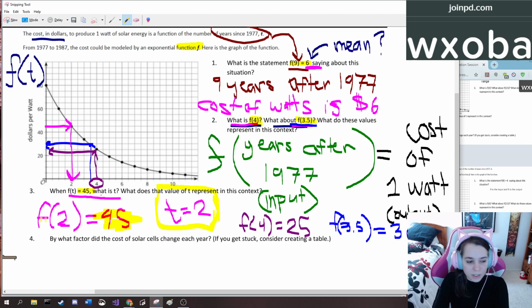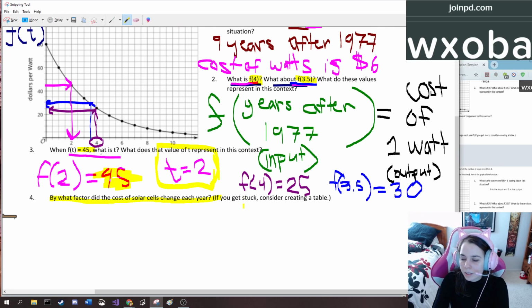So then the last question is, by what factor did the cost of the cells change each year? Looking at this graph, how are they changing each year?